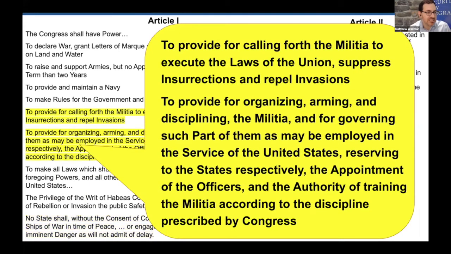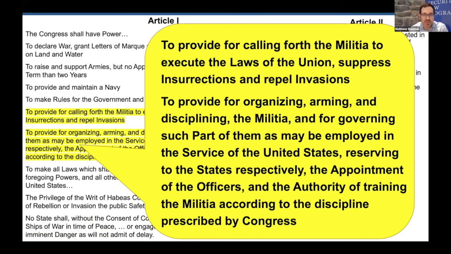the militia clauses. So as you see, Congress has the power to provide for calling forth the militia to execute the laws of the Union, suppress insurrections and repel invasions. It then goes on to say that Congress has the power to provide for organizing and arming the militia, but it reserves to the states the appointment of officers and the authority of training the militia according to certain national standards prescribed by Congress.